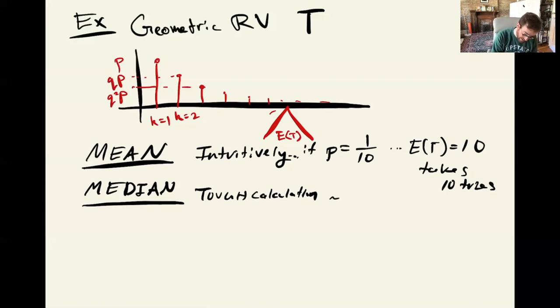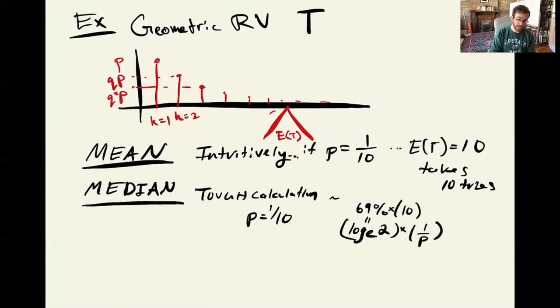Roughly, if 1/10 was my success probability, then it's something like 69% of 10. In general, the answer is more like log base e of 2 times 1/P, which looks roughly like the median. And so notice that number's less than the mean. So in this sense, the median ends up being something more like around here.